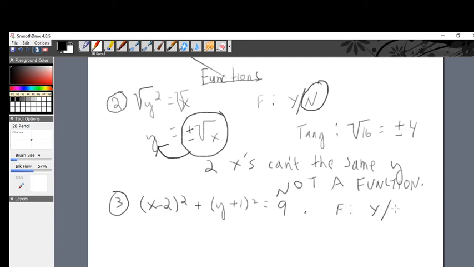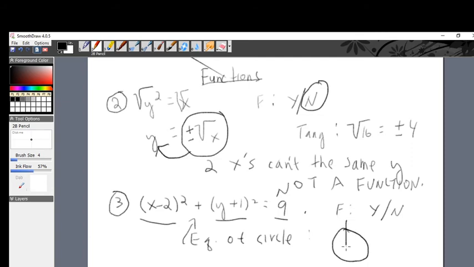Yes or no? Now, hopefully you can recognize from this, and this, that this is the equation of a circle. We've seen this before. So if that's the case, what does a circle look like? It looks like this.